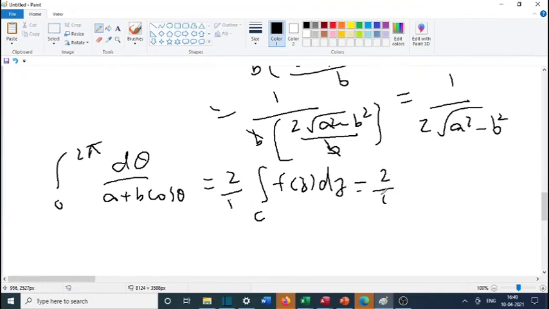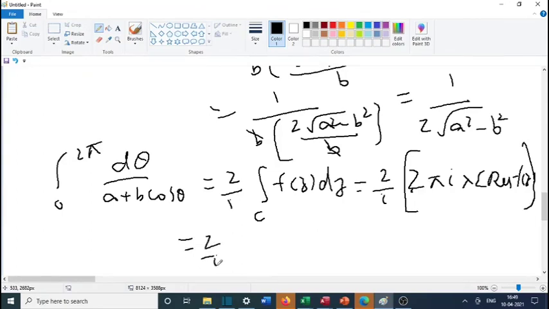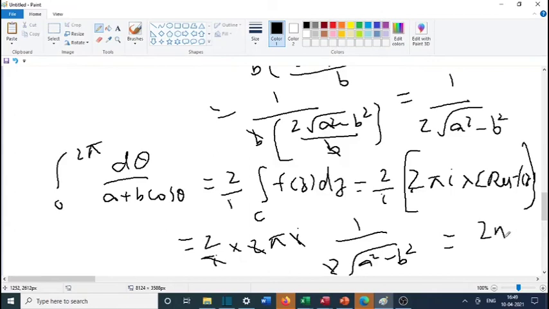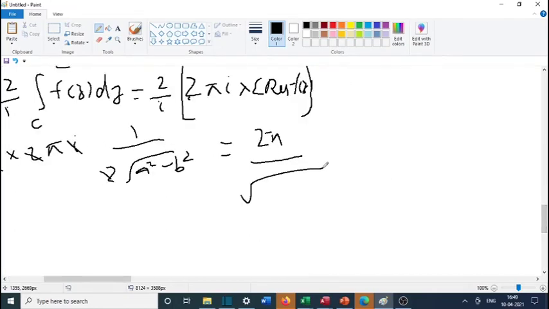So this is 2 by i into, using the residue theorem, 2 pi i into the sum of residues of f(z), which is equal to 2 by i into 2 pi i into 1 by 2 into square root of a square minus b square. So the i cancels, the 2 cancels, and the answer is 2 pi by square root of a square minus b square.